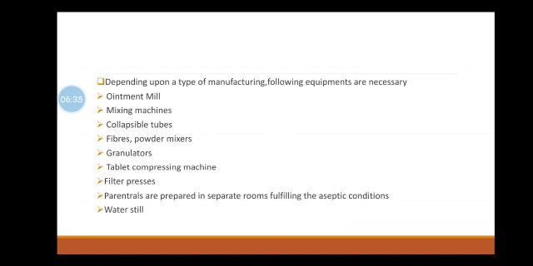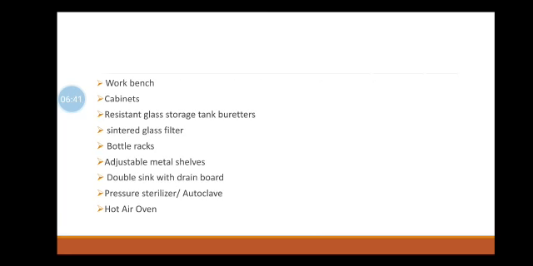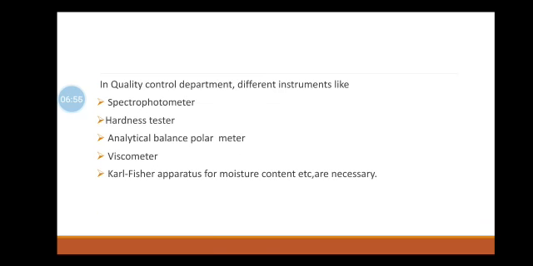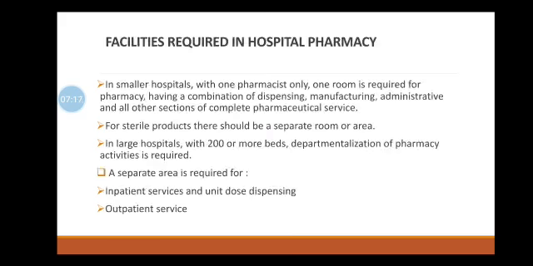Parenterals are prepared in separate rooms fulfilling the aseptic conditions, water still, etc. Workbench, cabinets, resistance glass storage tank, burettes, sintered glass filters, bottle racks, adjustable metal shelf, double sink with drain board, pressure sterilizer, autoclave, hot air oven, etc. In the quality control department, different instruments like spectrophotometer, hardness tester, analytical balance, viscometer, Karl Fischer apparatus for moisture content, etc. are necessary.